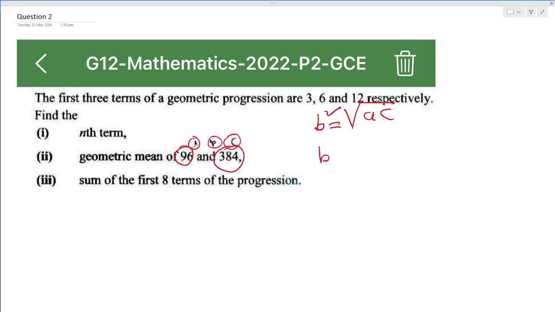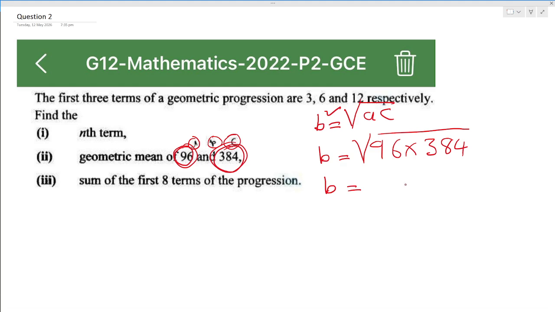So this is a fast track. I don't want to start explaining how these values came up. Just know that my A is the first one and the B is the second one. So I'm going to say the square root of 96 times 384. What is 96 times 384? Multiply the values.